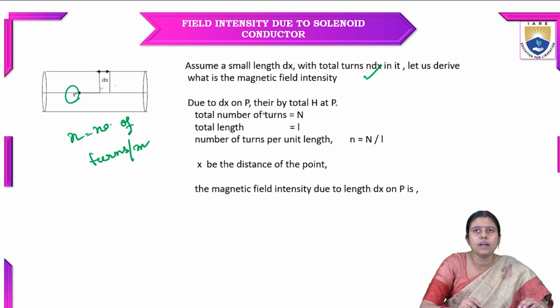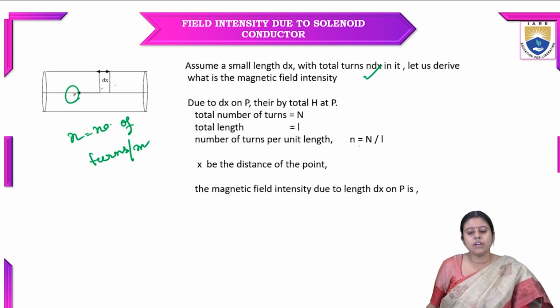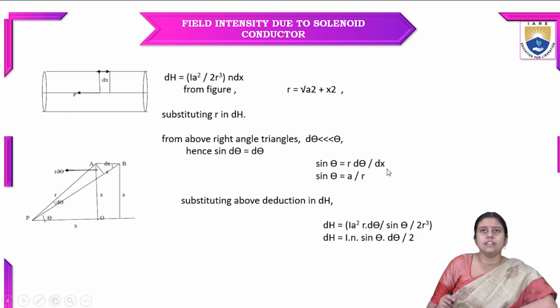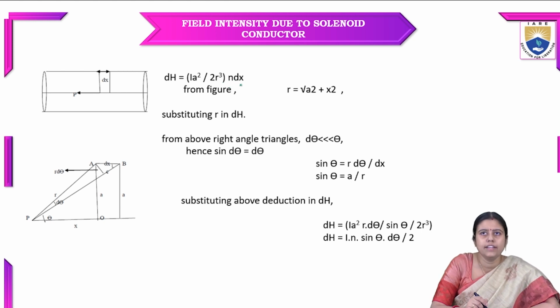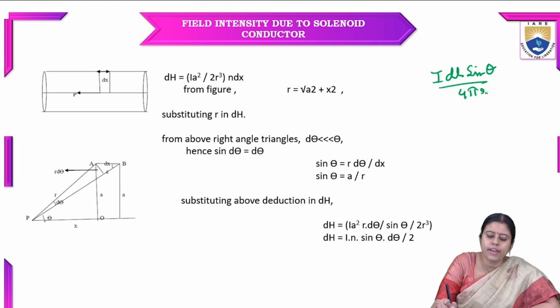If the total number of turns is N and the total length is L, we can write n is equal to N by L. Now we have to calculate the magnetic field intensity due to P. So already we know dH is equal to I r square by 2 r cube into n dx. How are we getting it? Again, I dl sin theta by 4 pi r square.